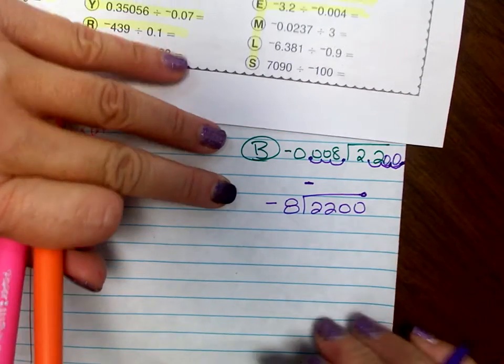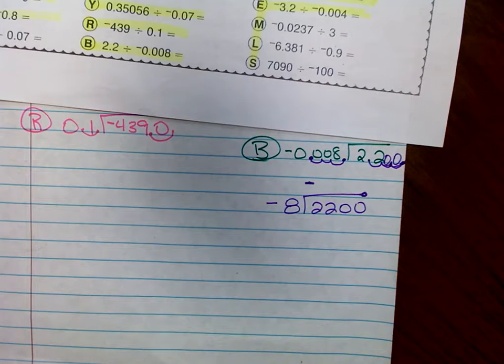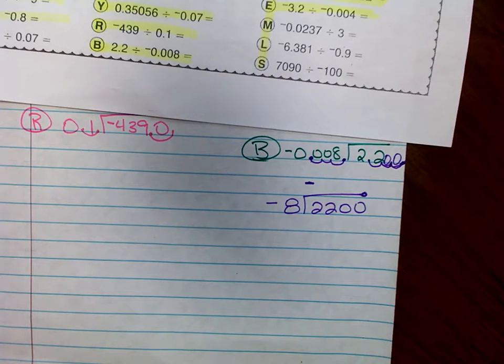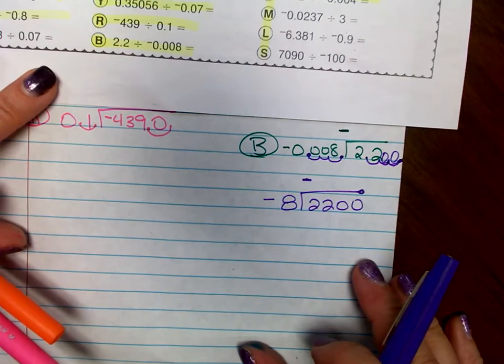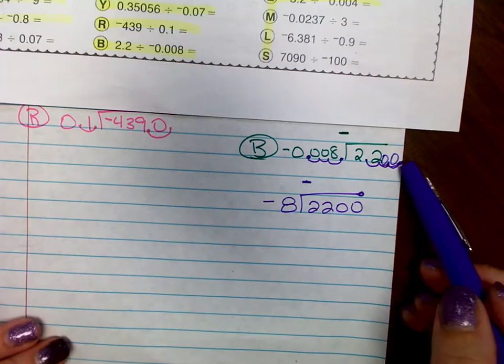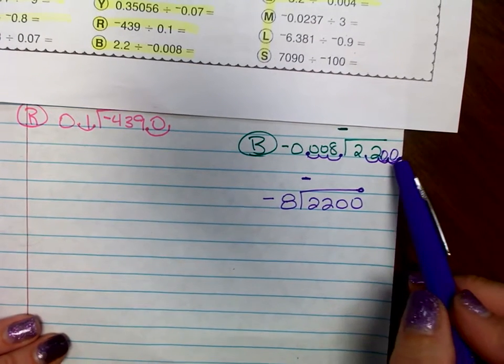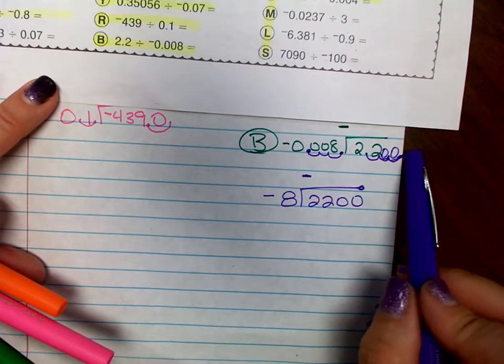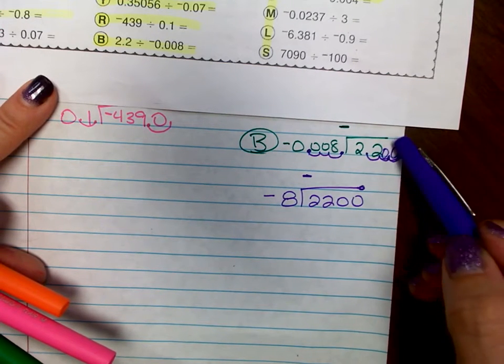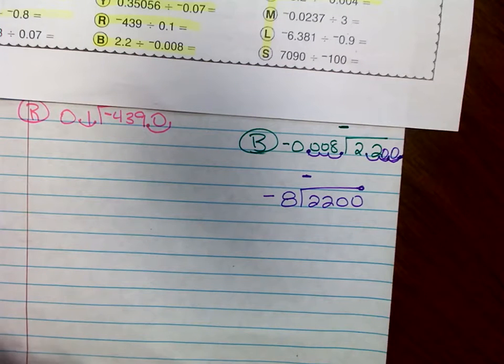And don't forget your negative sign. And this is where it's going to trip y'all up. You're going to have to remember to keep adding it and then fill those little lines in with zeros. You have to add your zeros.